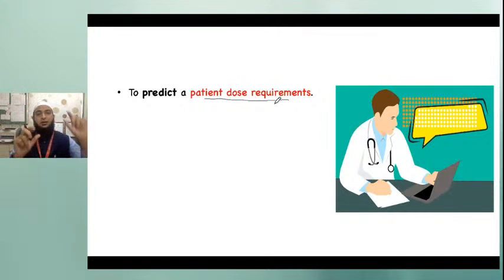When you see a beneficial relationship between plasma concentration and the response, you select that dose for that particular patient. So with the help of measurement of the plasma concentration of the drug and the response, you can predict a patient's dose requirement and identify what exact beneficial dose is needed for that particular patient. This is also called individualization.